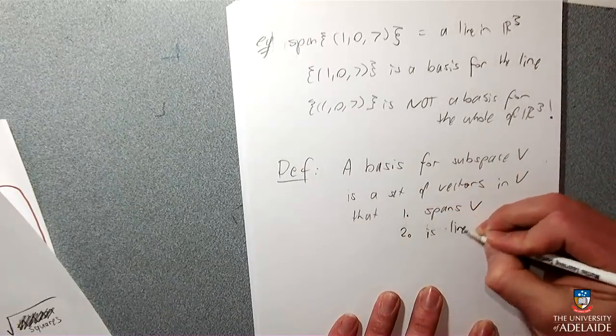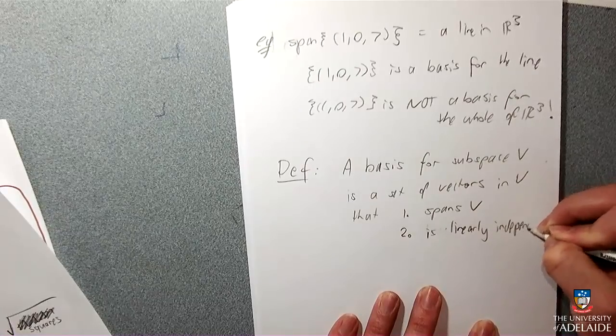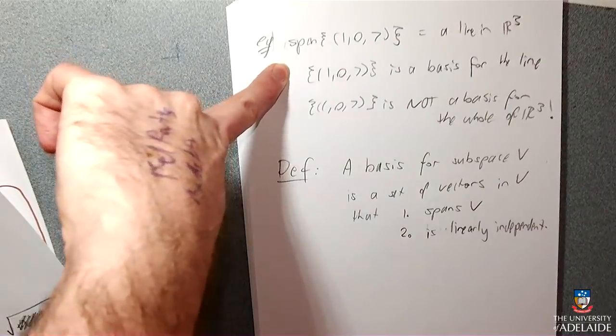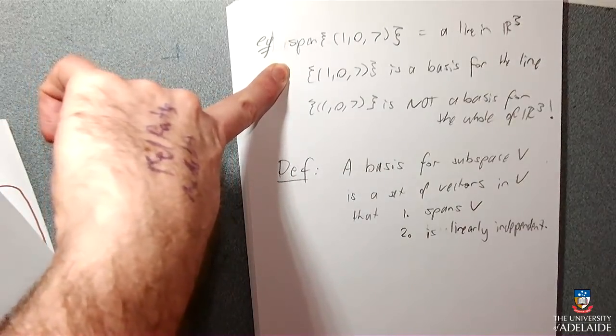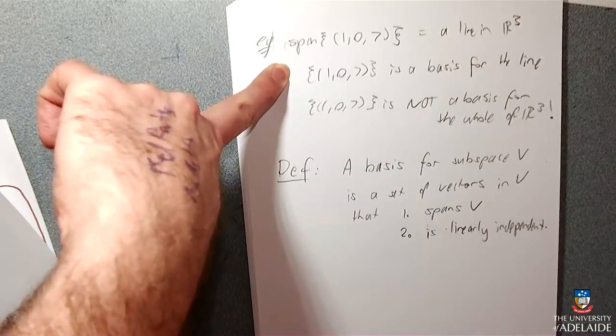The second rule is that it is linearly independent. Is the vector (1,0,7) a basis of the line? That would only be true if the line went through the origin, right? Yes.